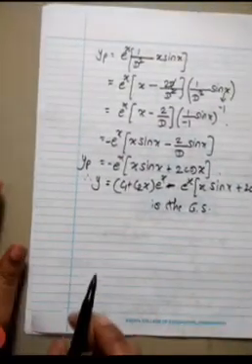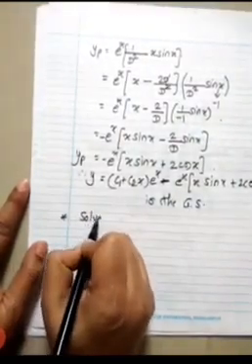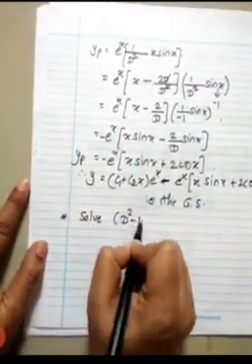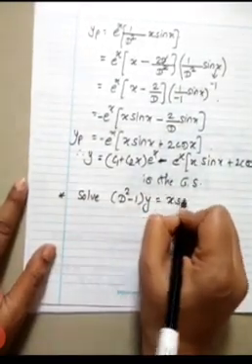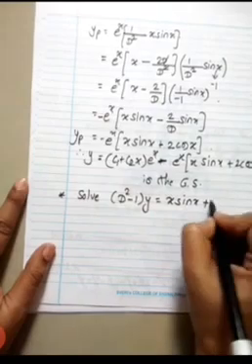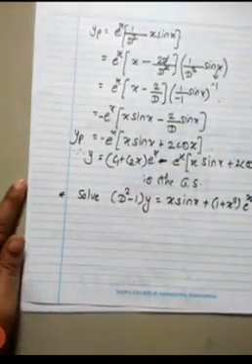Okay, solve this next one. Solve (d square minus 1) y is equal to x sin x plus (1 plus x square) e raised to x.